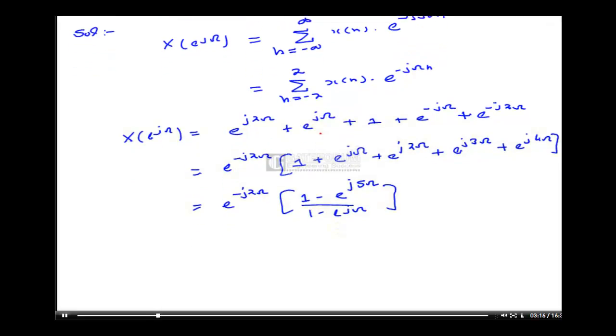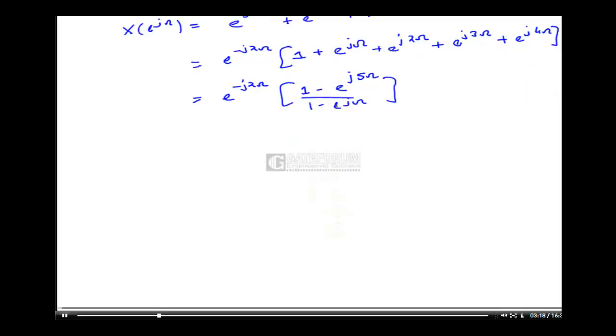Okay. On solving this further, we will get e to the power minus j5 omega by 2 minus e to the power j5 omega by 2, upon e to the power minus j 1 by 2 omega minus e to the power plus j 1 by 2 omega.